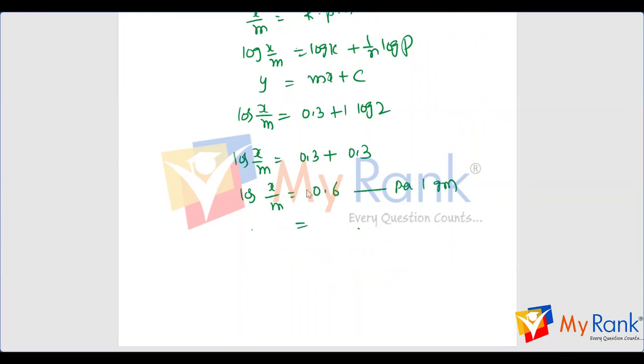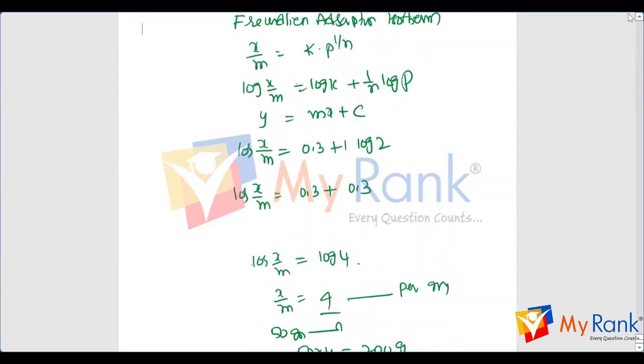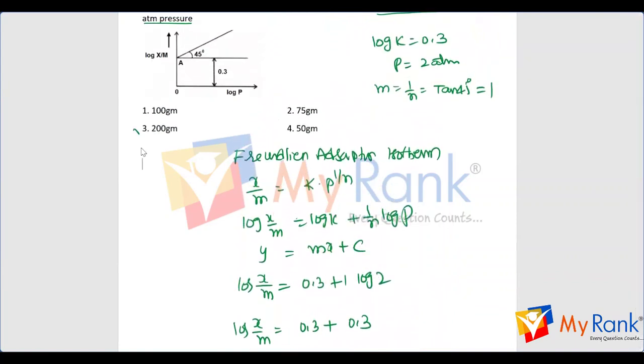So 0.6 means log x by m is equal to log 4. Taking the antilog on both sides, x by m is equal to 4. This is per gram, so 4 grams per gram. For 50 grams, how much? 50 into 4 is 200 grams. Therefore, your answer is 200 grams.